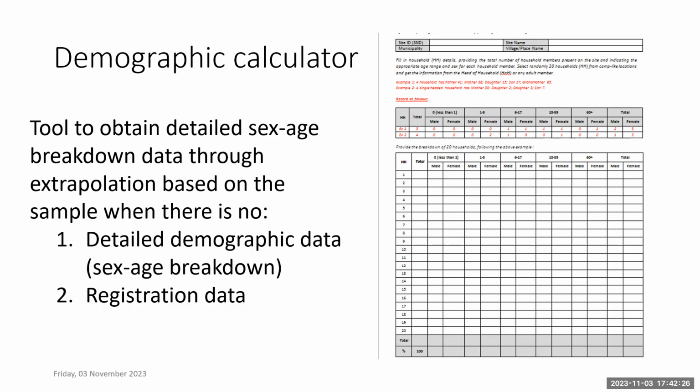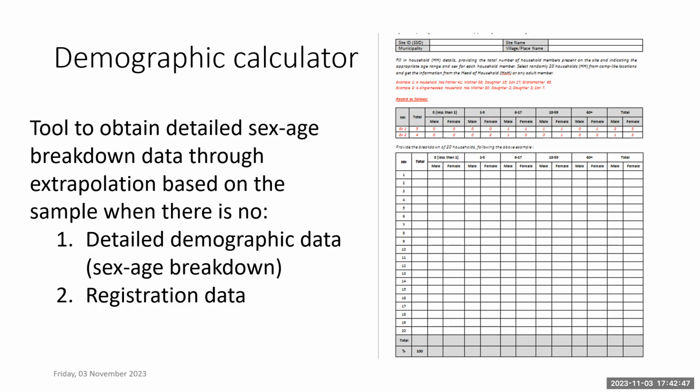So let us assume you are sent to an area and you want to do the demographic calculation. You want to use the demographic calculator to get a sense of how the population is distributed in the particular community. This is an example of a demographic calculator tool.